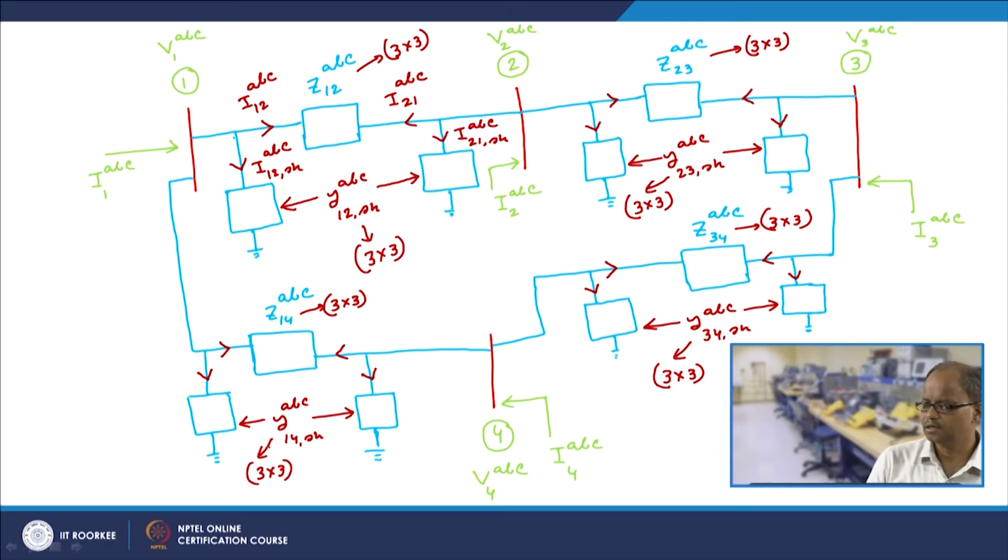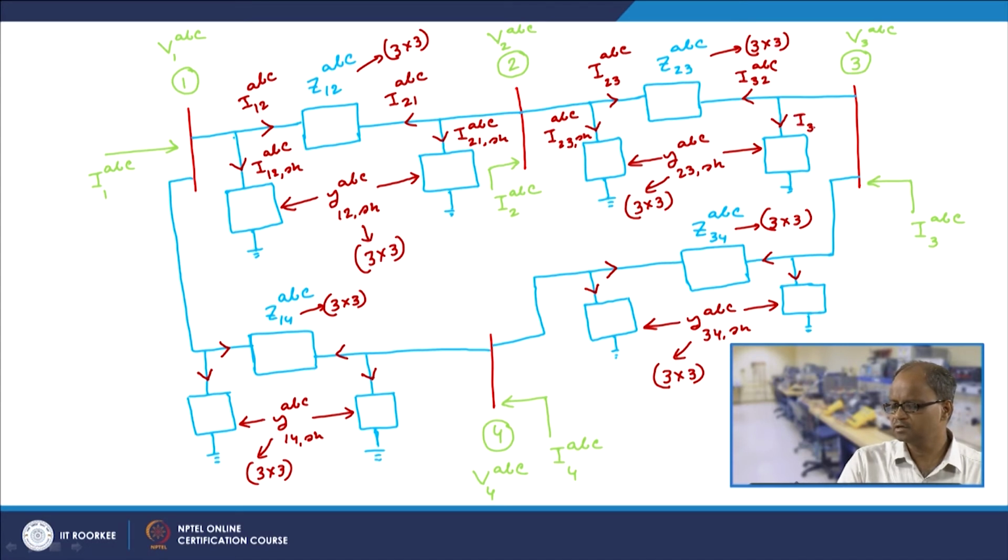This current I can write as I23 ABC, and this current as I23 shunt ABC. This current is I32 ABC, and this current is I32 shunt ABC.